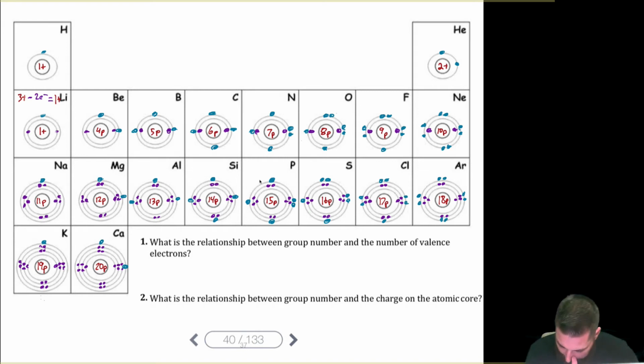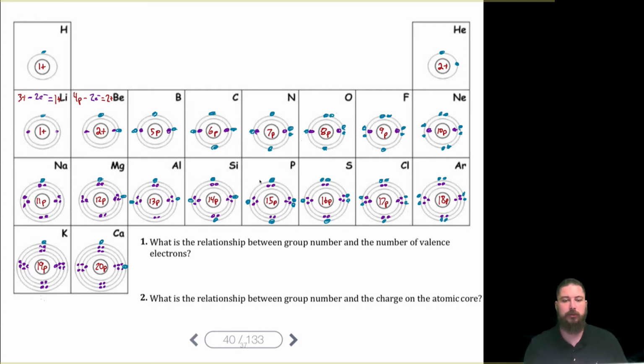Now let's go ahead and think about this for a moment. We're going to do the same thing for beryllium. Beryllium has 4 protons, there's 2 inner electrons, and if you subtract them, you'll see that you end up getting a 2 positive. And so when we're thinking about the valence electrons, those 2 valence electrons there experience a 2 positive.